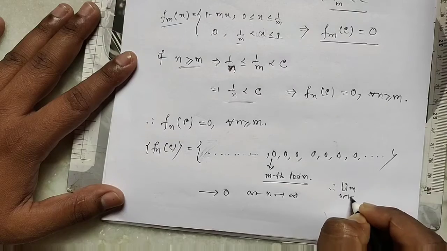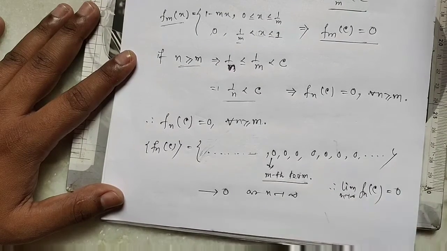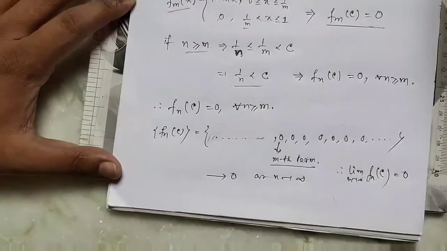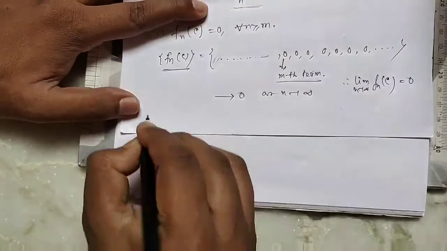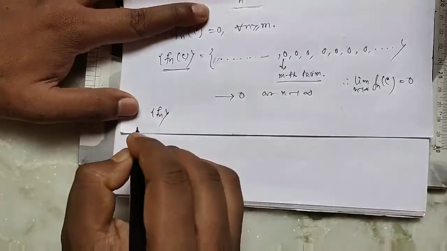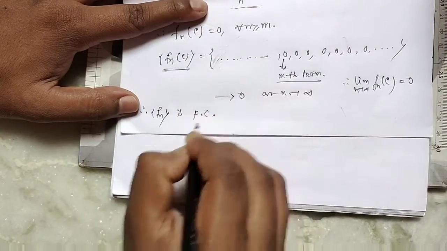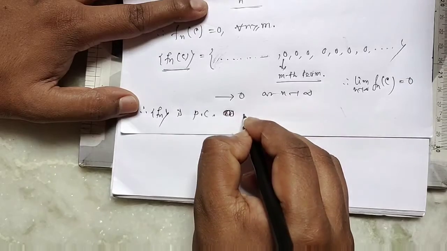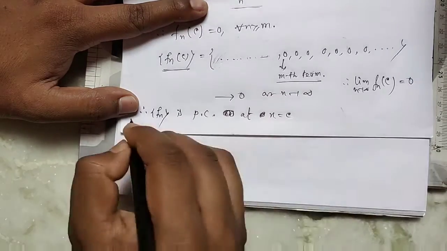Therefore the limit as n tends to infinity of f_n(c) equals 0. So this real sequence is convergent, and we can say that the sequence of functions is pointwise convergent at x equal to c.